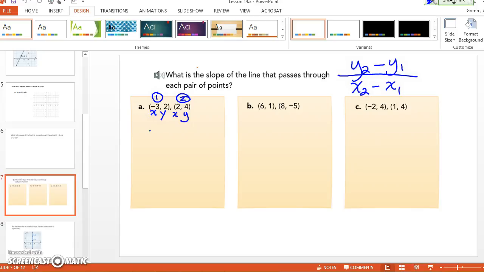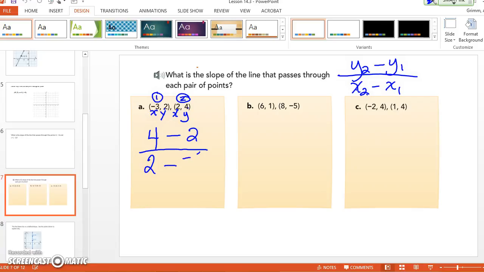So Y from this, that would be 4, minus the Y from the first point, which is 2. So you see we're just really taking 4 minus 2, and then we're taking 2 minus negative 3. That's all we're doing. We're subtracting Y's, subtracting X's. Okay? So the X from the second point is 2.